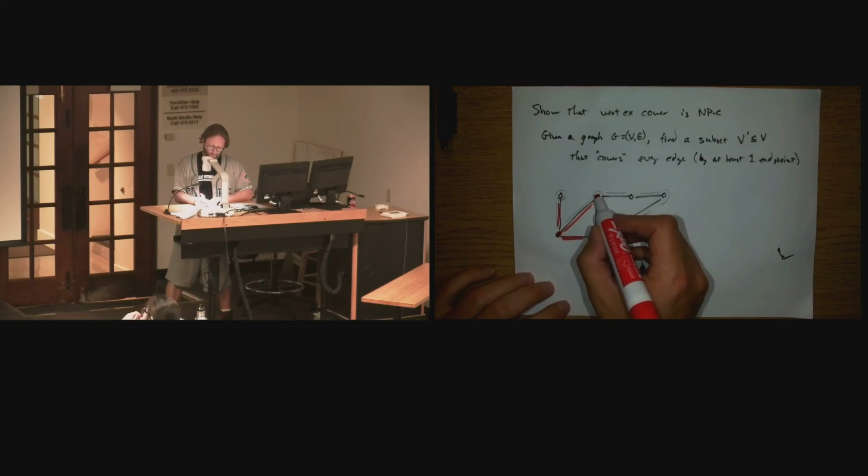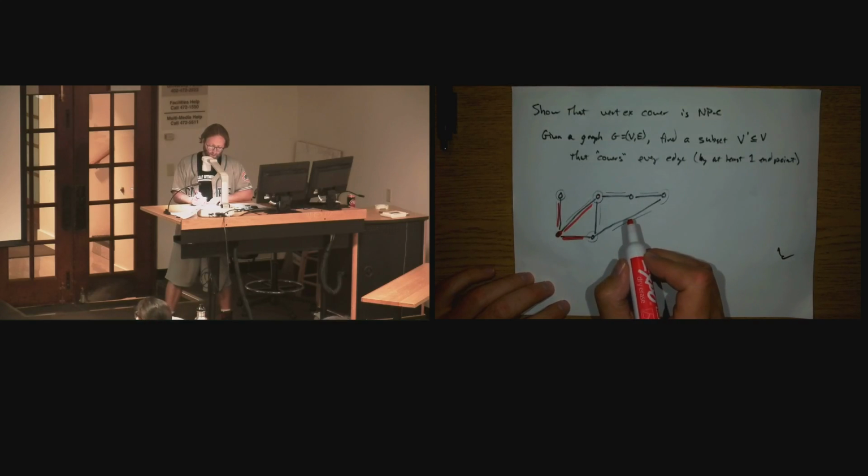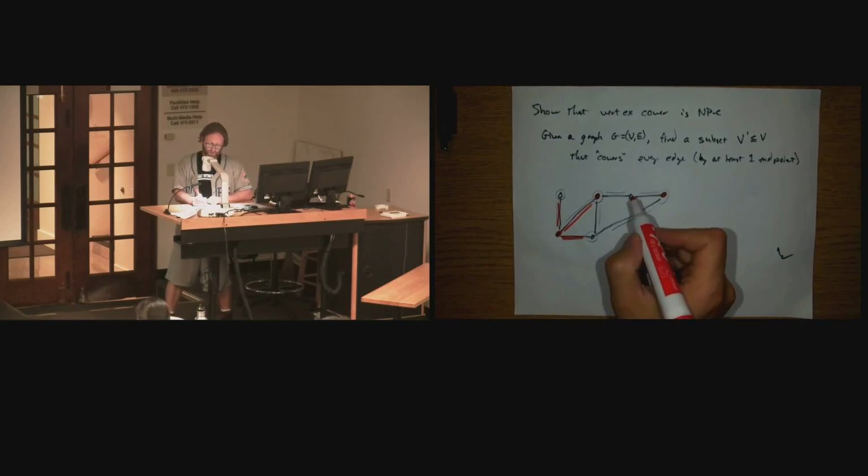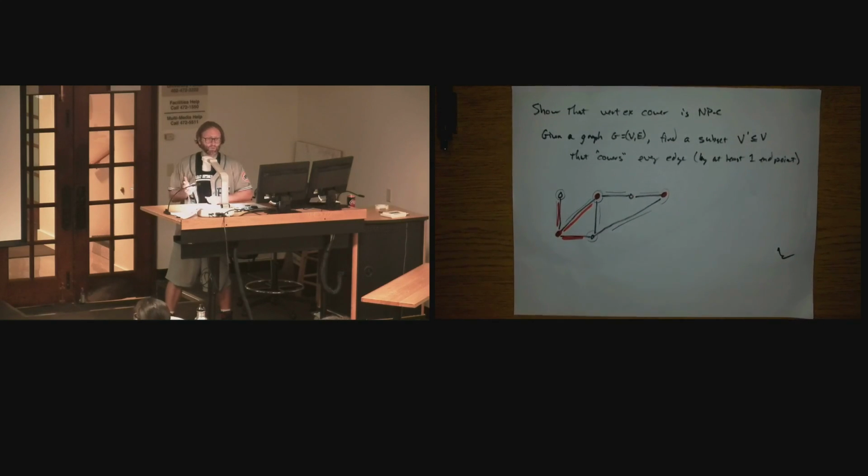This one right here? Yeah. And then the rightmost one. I could have probably chosen this one and then this one too, and that would have been a vertex cover of size 3. There are multiple possible optimal solutions, but there's a vertex cover of size 3.